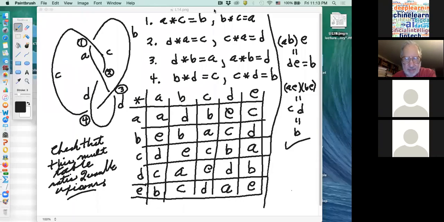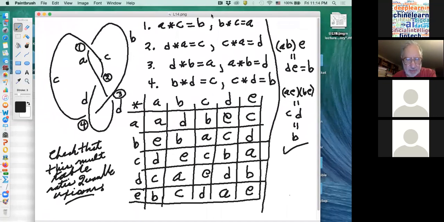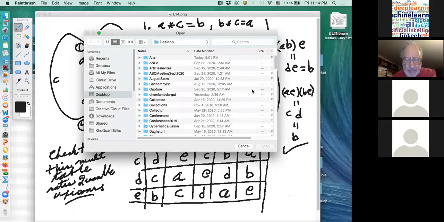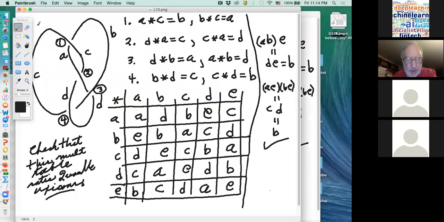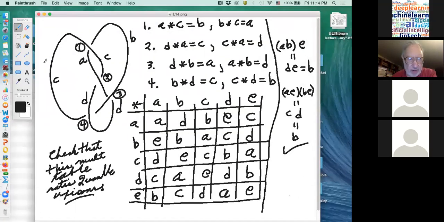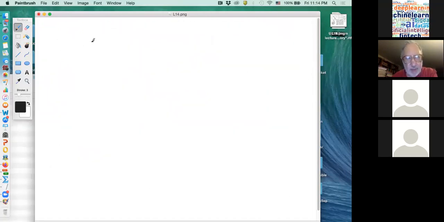I hope I saved this in number 13. Let's just double check. Okay, now I just want to get myself some room to draw. Now, consider a row in the Quandl table.